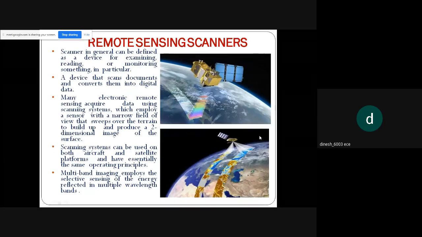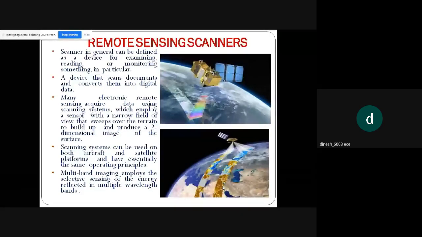In the second image at the bottom, you have a scanner which is being placed in this place, tracking this part as well as this part. A device that scans documents and converts them into digital data, we also call a scanner.